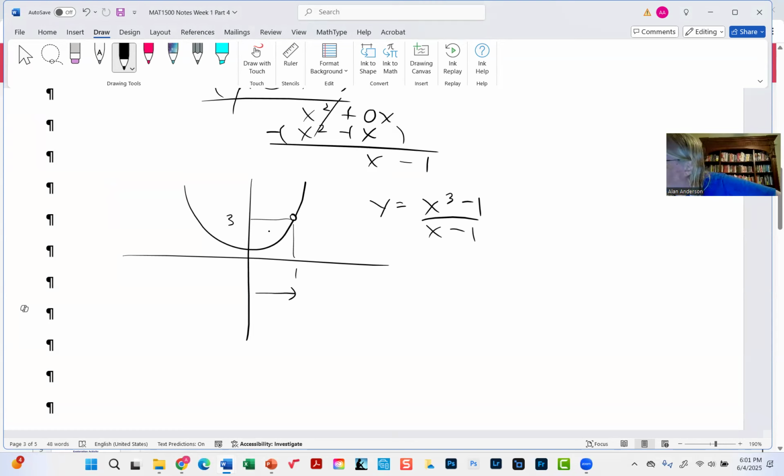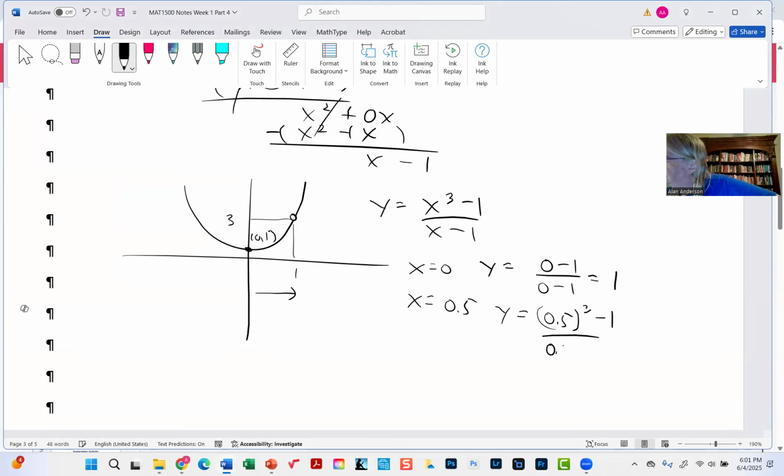We start with, let's say, x equals 0. Fine. When x equals, let's say, a half, that's going to give us, oh, okay, hold on.